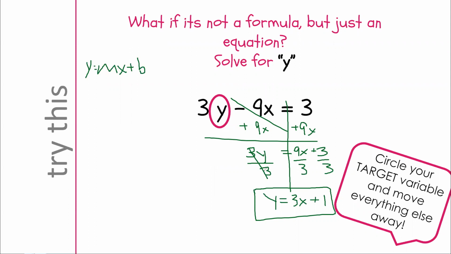So I'm dividing every single term by 3. 3 divided by 3 gives me a 1, which gets rid of those because 1 times y leaves me with my y. 9 divided by 3 leaves me with 3, and I keep my x. 3 divided by 3, like before, gives me a 1, and I'm going to write that 1 so it stays there. So it's being represented. And so my final equation is y equals 3x plus 1.